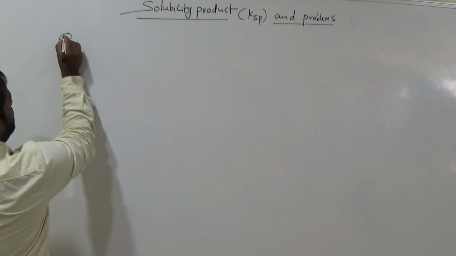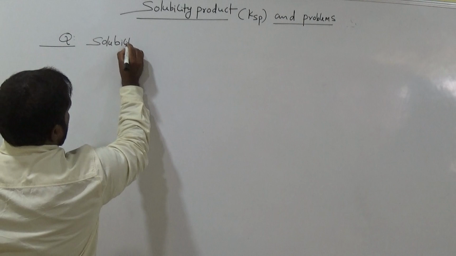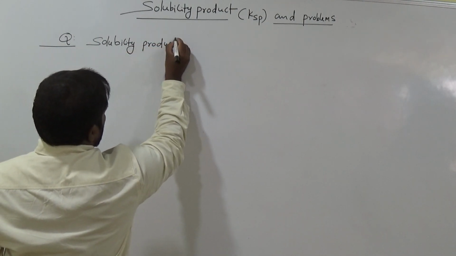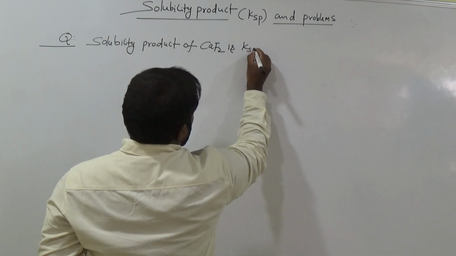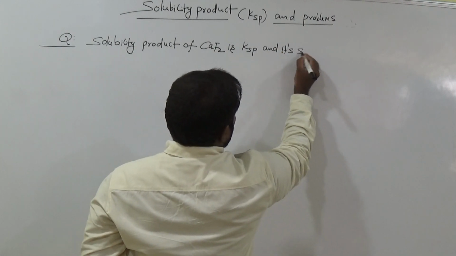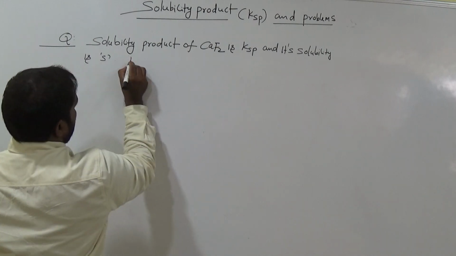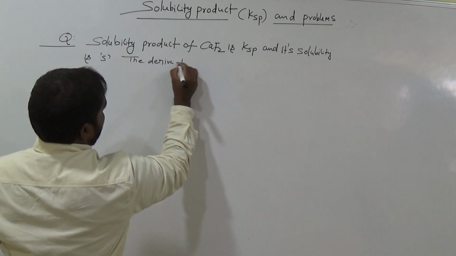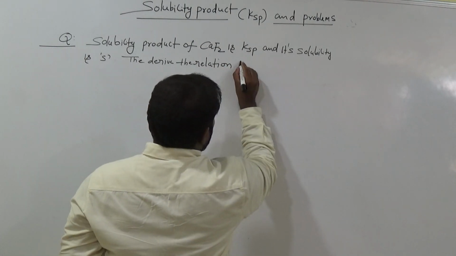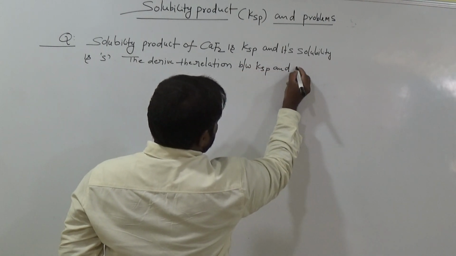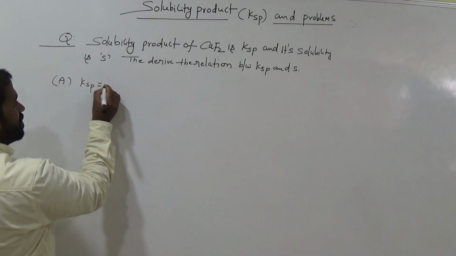And next, see the second question. The solubility product of CaF2 is Ksp and its solubility is S. Then derive the relation between Ksp and S. Here the options are: option A, Ksp is equal to 4S cube.